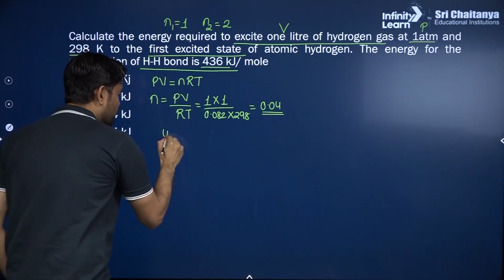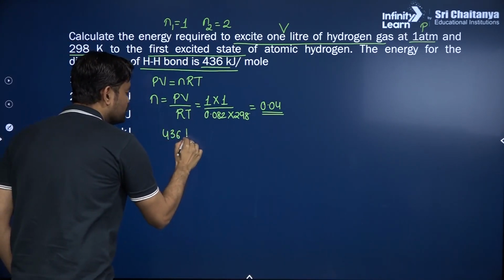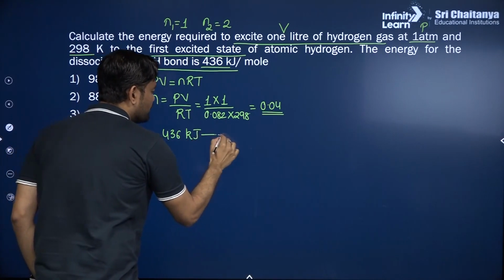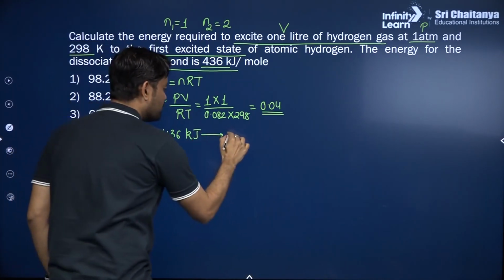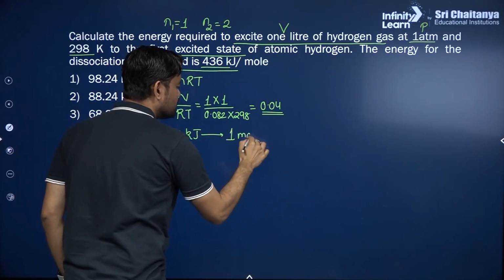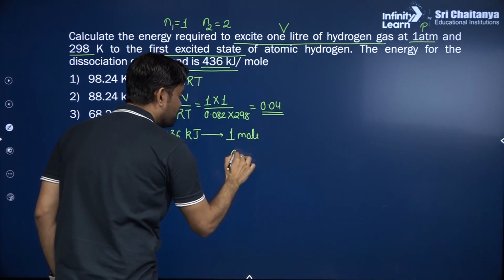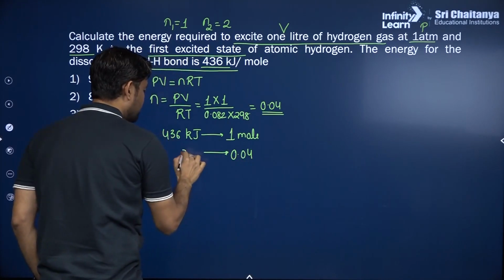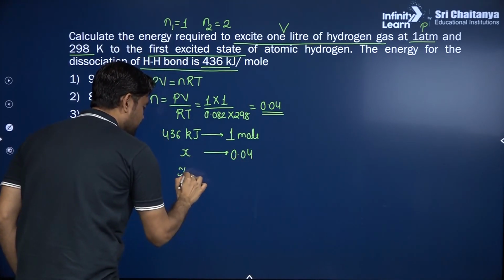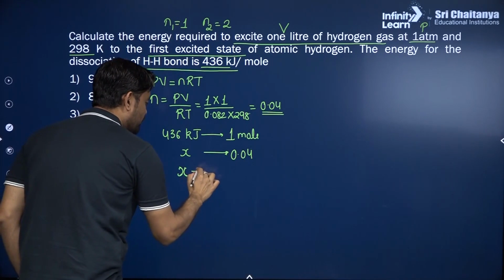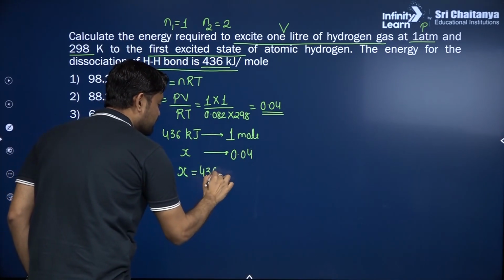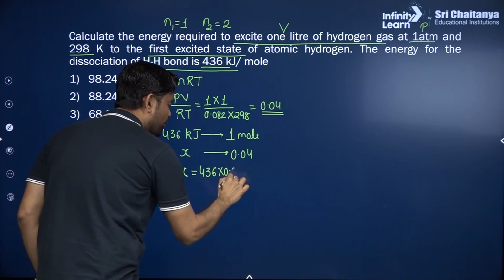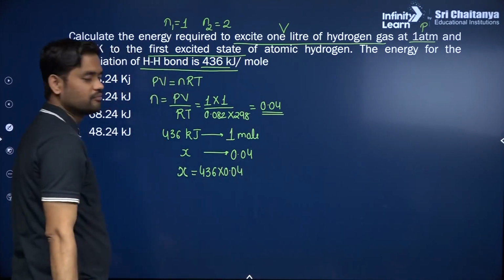That means 436 kilojoules of energy is required to break the bonds of 1 mole of hydrogen. So for 0.04 mole, it will be X, and this X value will be equal to 436 into 0.04, right?